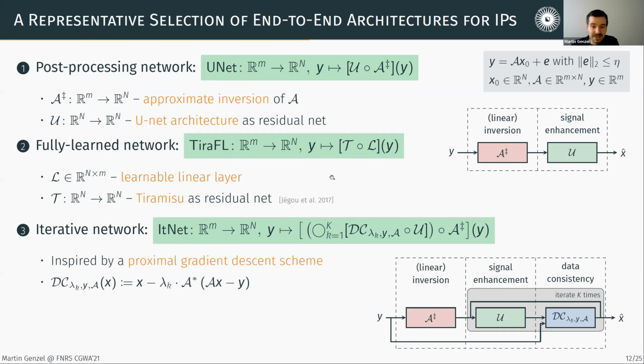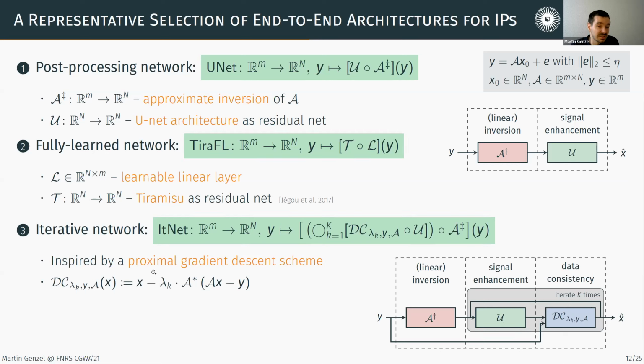And finally, this is our flagship method. It's also not a new invention. This is an iterative network. The idea here is also quite simple and natural. What you do here is, again, this linear inversion step, and then you have a cascade of signal enhancement, similar to before. And then this is followed by some data consistency terms, and you have these loops. So you iterate this. And if you're a bit familiar with optimization, also for classical variational methods, this might appear very familiar.